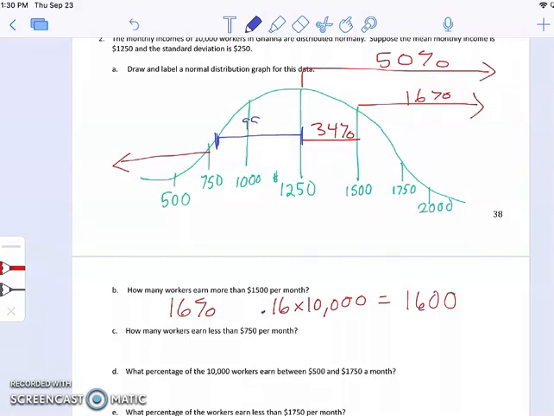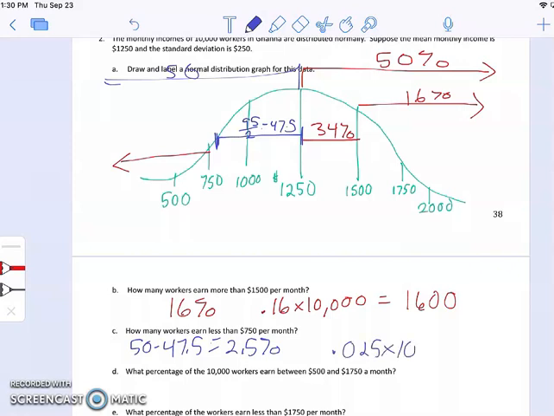So 95 divided by 2 is 47.5. But we know from here on down is 50. So we could do 50 minus 47.5, which is 2.5%. So 0.025 times 10,000 gives us 250 workers.